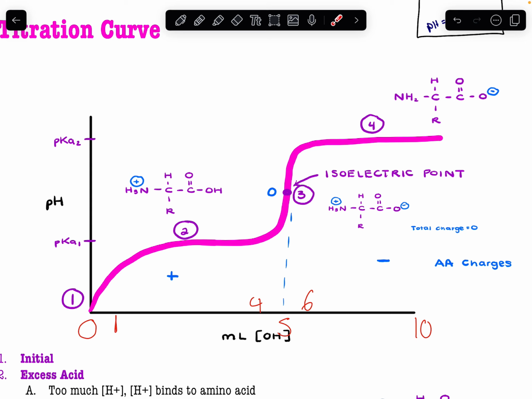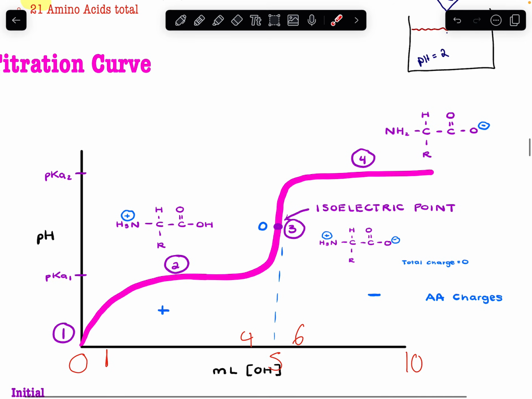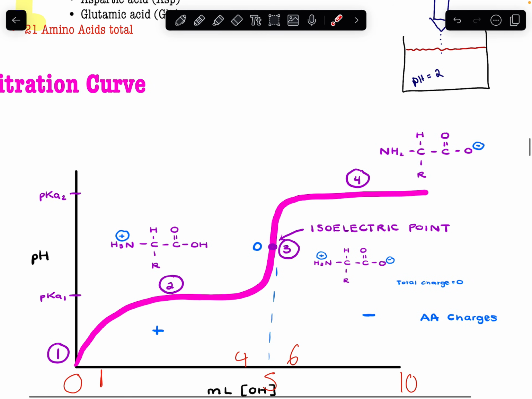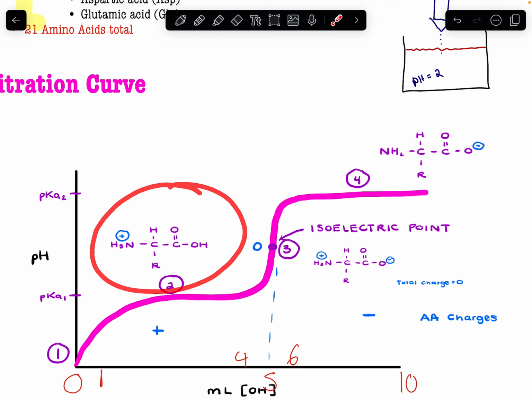Nothing too special. But as we keep on adding base to this solution, represented by the OH down here, we're going to become more basic overall, and another change is going to happen. So you can see down here in our acidic area, we have a positive charge on the amine group, but no charge on the carboxylic acid group.